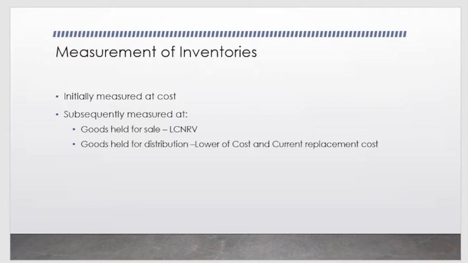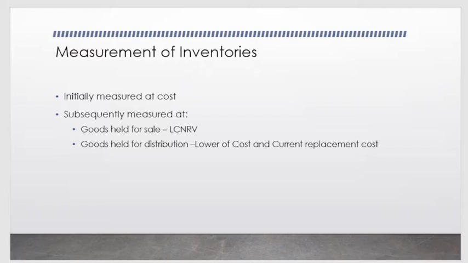Kung magkano ang magagastos mo kung gusto mong palitan yung item na yon. So normally itong mga items na to ay given in the problem, pero kung hindi yan given, basta ang logic nito is that the cost that the entity would incur to acquire the asset on the reporting date, yung replacement cost niya.